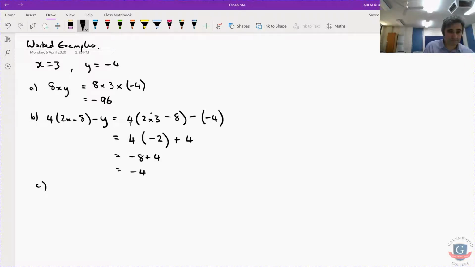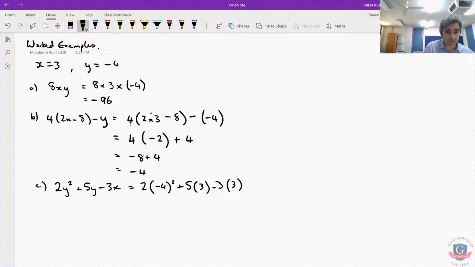Well, we can do this one. It just looks complicated. 2y squared plus 5y take 3x. 2 times negative 4 squared plus 5 times 3 take 3 times 3.